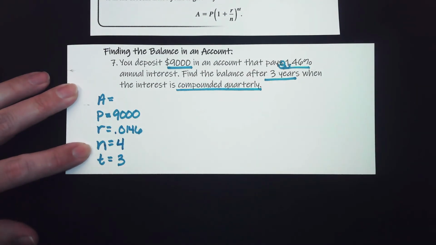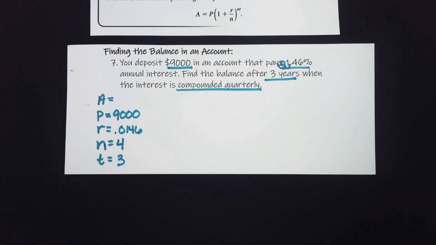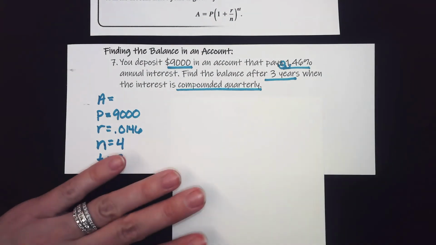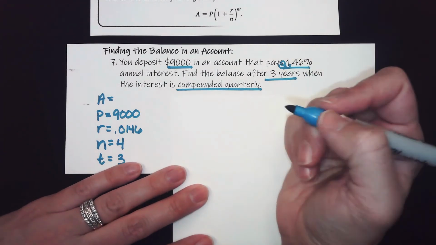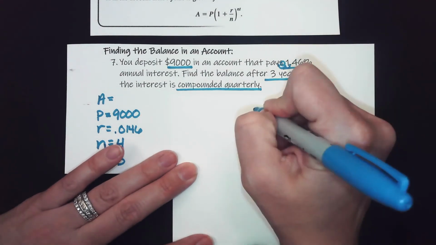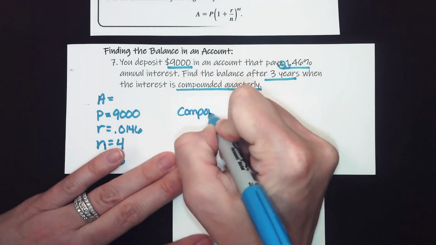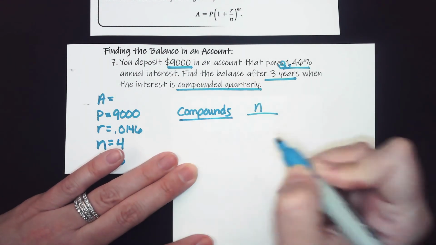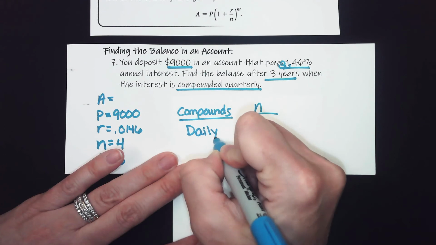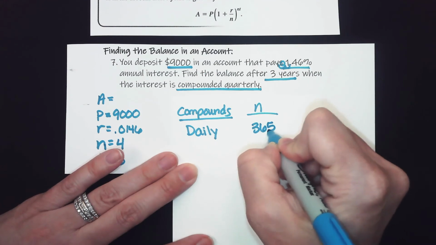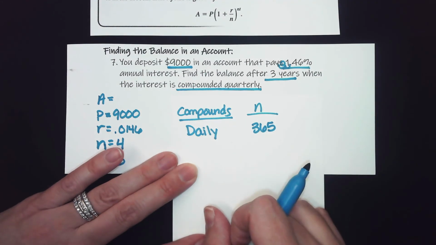Okay? So one thing before we even move any farther is you're going to want to know what all of these compounds are. There's many of them. So before we even start, you might want to list somewhere what n is going to be when it compounds. It might say daily. Well, there's 365 days in a year, so n would be 365.